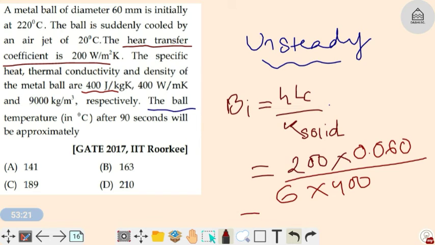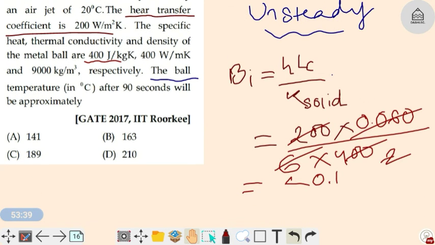So what is Biot number then? 200 gone with this is 2. Okay, whatever, definitely it will be less than 0.1. If it is less than 0.1, okay, let me find it out first. So why to do random guess?